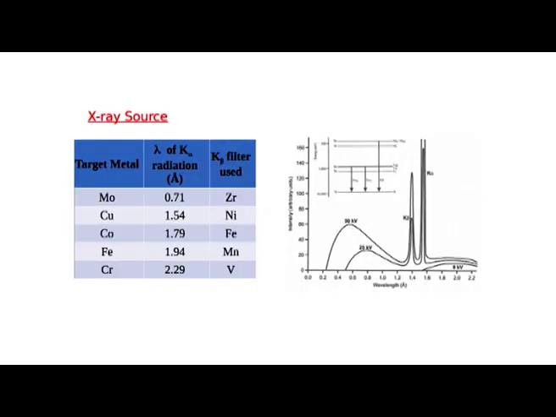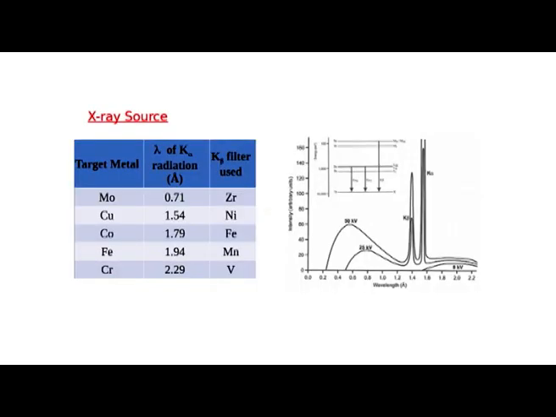Among them, the source is the important one. How does an XRD X-ray source behave? There are different kinds of sources available in the market, and one has to choose the source based on the application. They differ in terms of their wavelength.